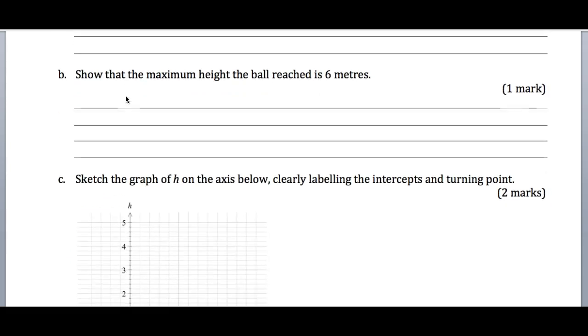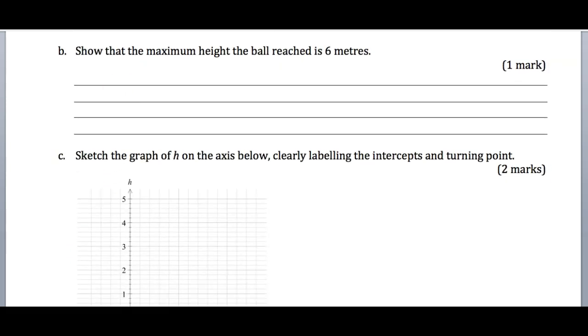Show that the maximum height the ball reached is 3 metres. Now I had to get you to change this to 3. Remember your maximum height is at your turning point, which is halfway between your two x-intercepts, 0 and 12, which we did before. So the halfway point is at d equals 6.